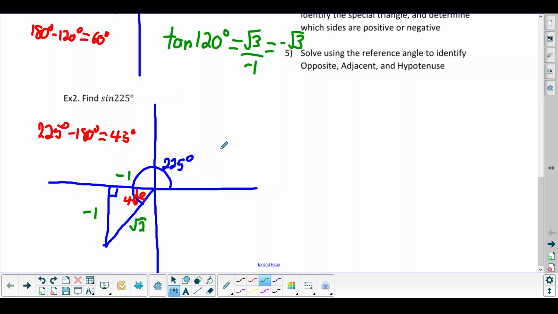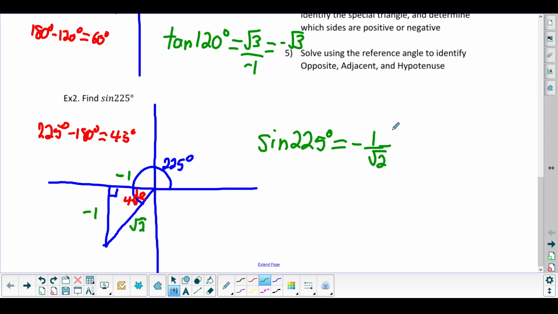So let's see. Sine 225. So sine is opposite over adjacent. Sorry, no, it's not. So opposite over hypotenuse. So sine 225 degrees is going to be opposite of our reference angle over hypotenuse. So negative 1 over root 2.